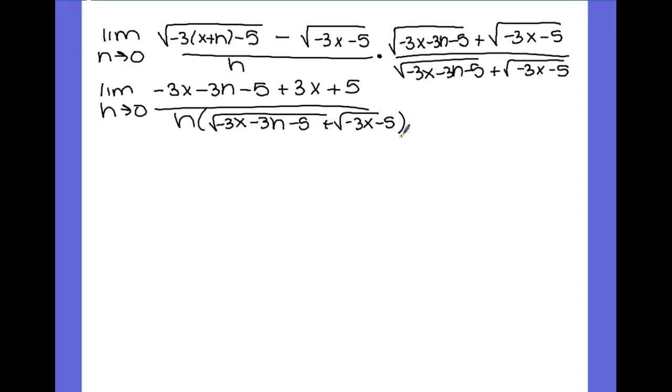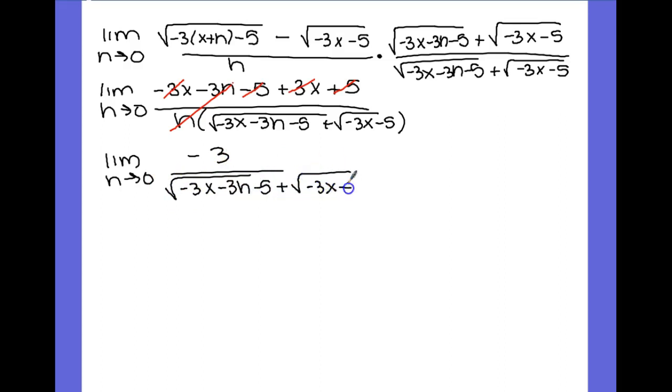I multiplied by the conjugate, so the definition of the difference of squares says the middle terms cancel, and then the same square root times the same square root become values. Should I change them all to x's? Do you have a's?